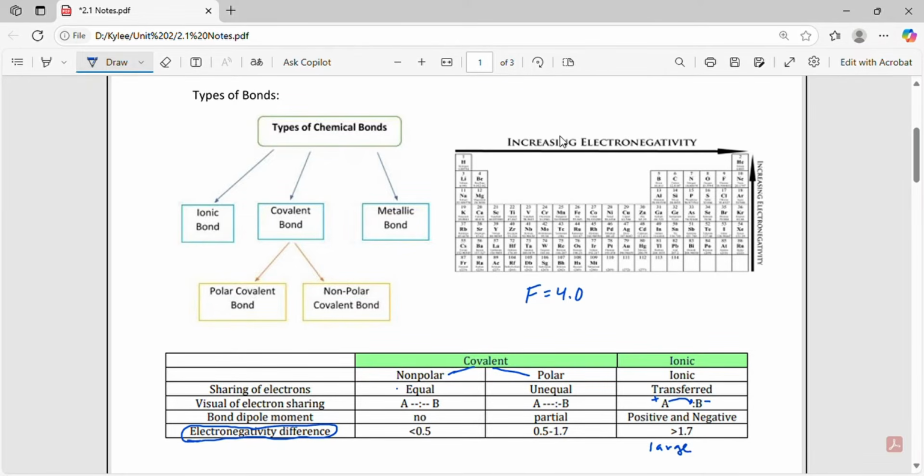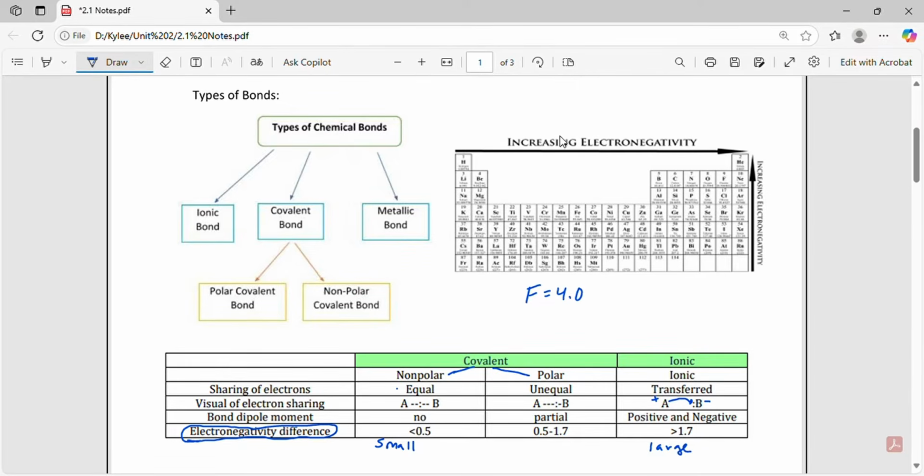I like to think of it as a tug-of-war. If A is in a tug-of-war for the electrons with B, this would be the rope, and then this would be the little knot that they're trying to pull to one side or the other. And with a nonpolar bond, we're at a stalemate, meaning no side is winning. This happens when we have an electronegativity difference that is really small.